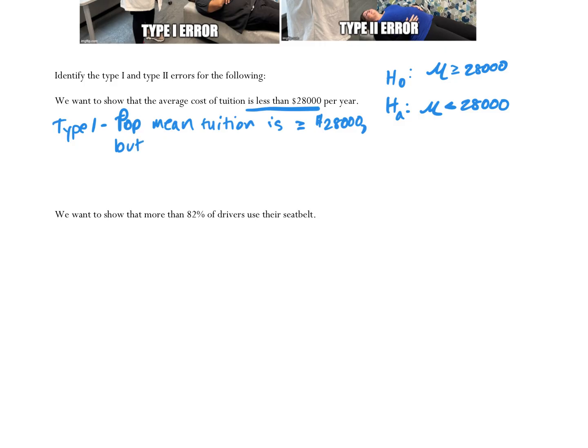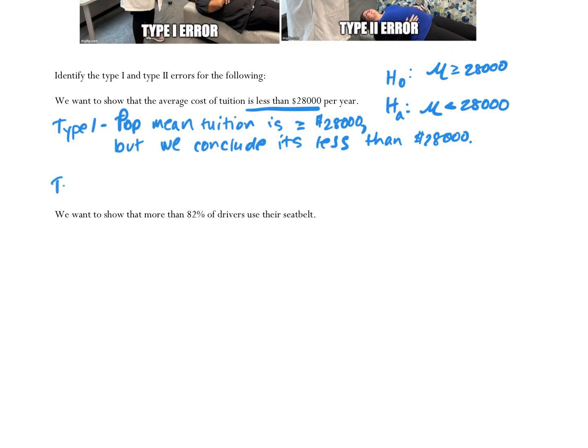But we conclude it's less. Again, type 1 goes with the first one being true, and then you're making the wrong conclusion, okay?